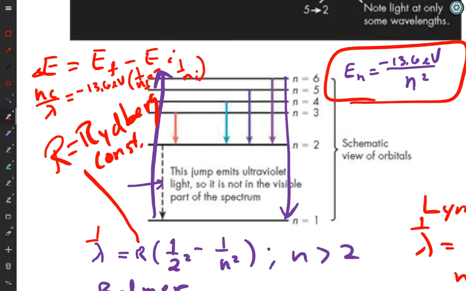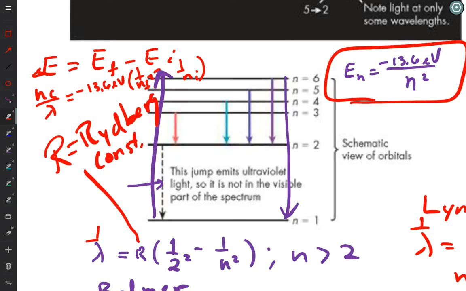And so you can see that the Rydberg constant has to be minus 13.6 electron volts over HC. Actually, maybe it was initial minus final. I might have a minus sign wrong because the Rydberg constant is positive, but it's the idea.